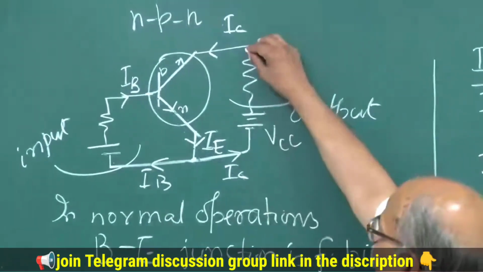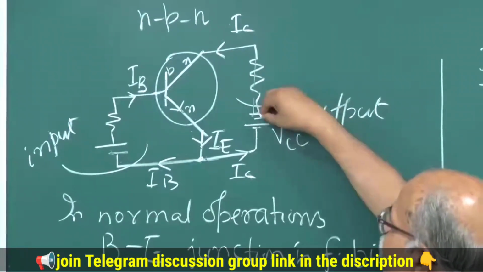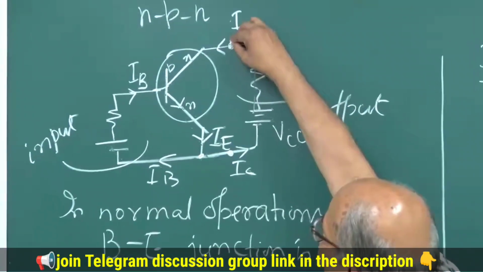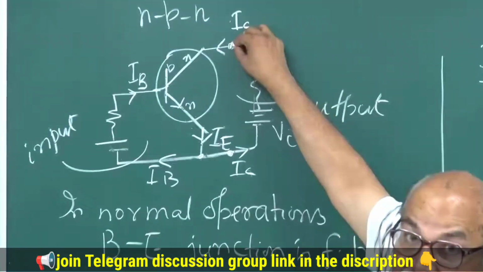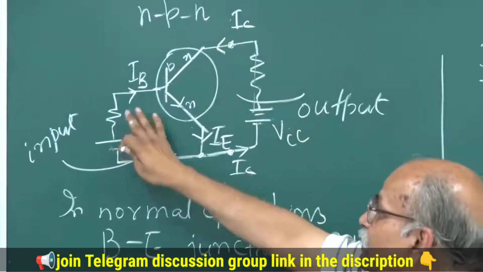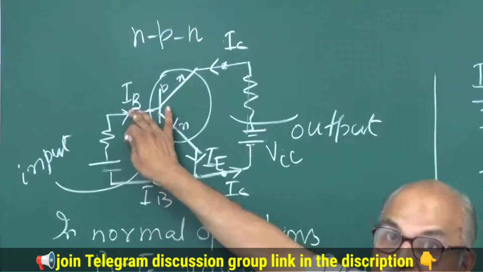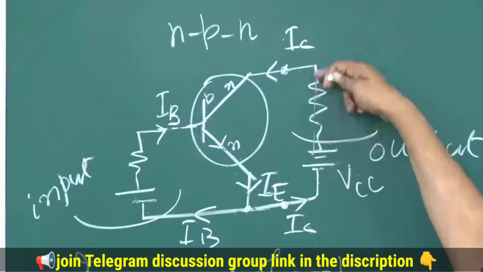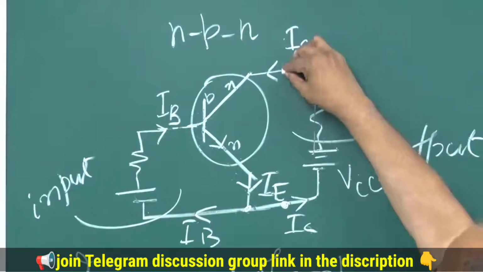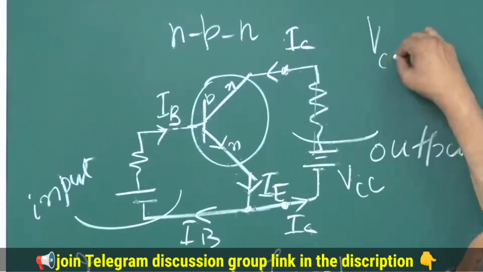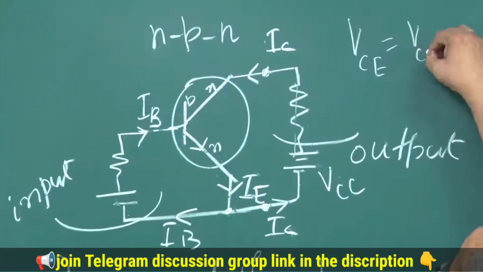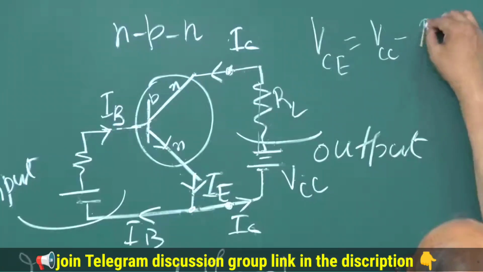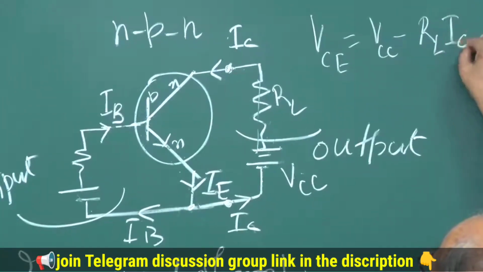So, if there is a current here, you have VCC, there is a voltage drop here. Finally, the voltage from here to here may be small. If you have a good amount of IB, and suppose beta times IB is IC, so that much current is going through here, so you do have a potential drop here. So, the potential between C and E, VCE, will be VCC minus, if you call it RL, RL times IC.